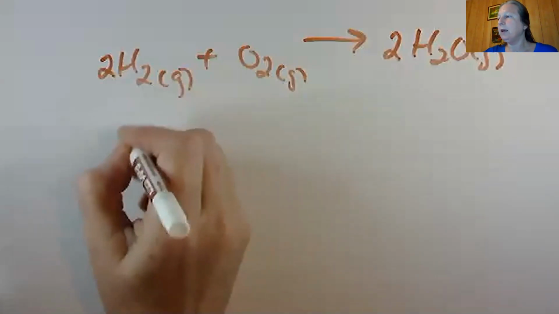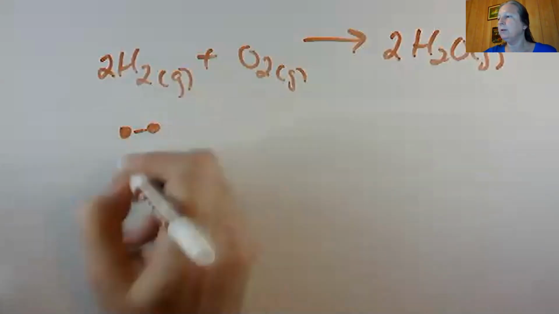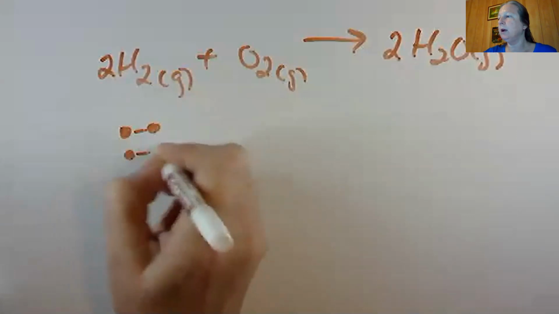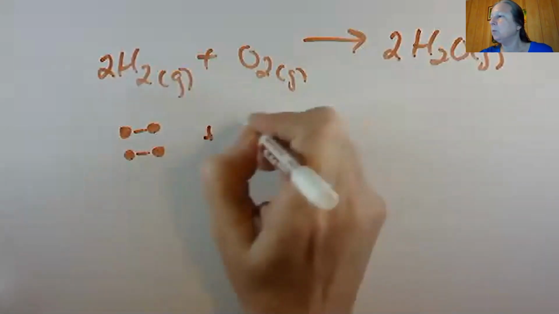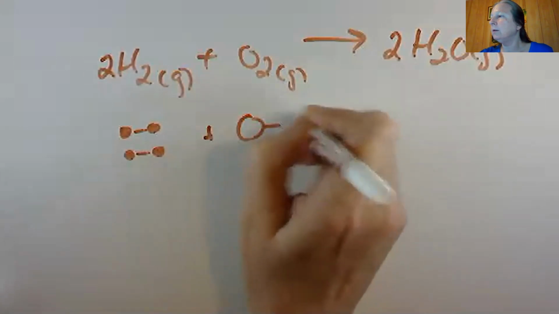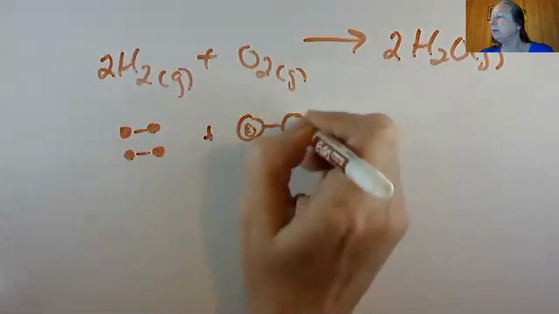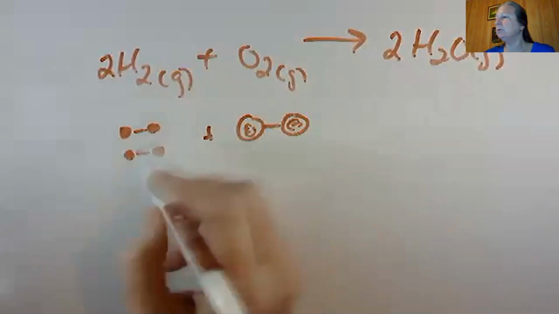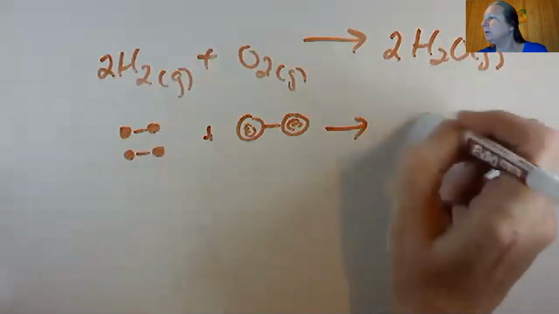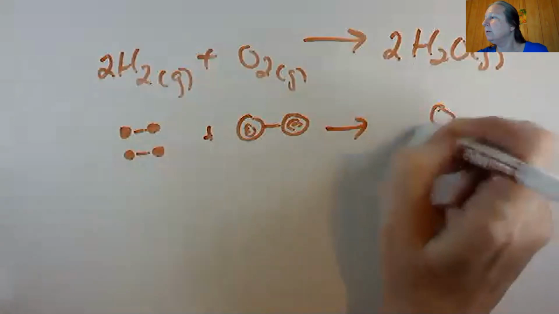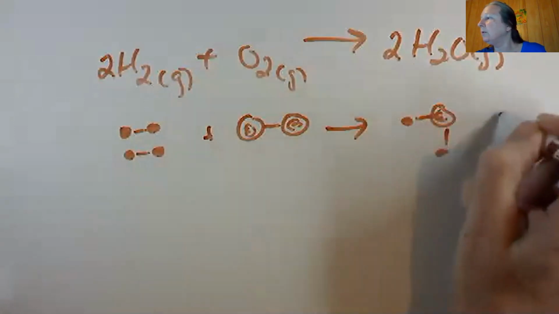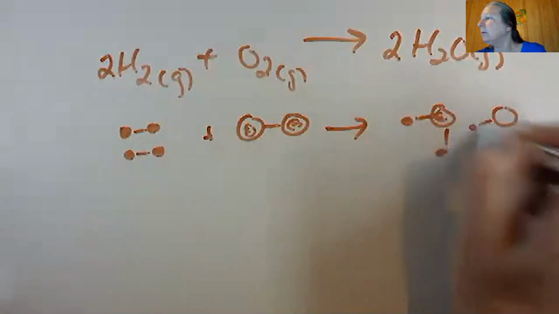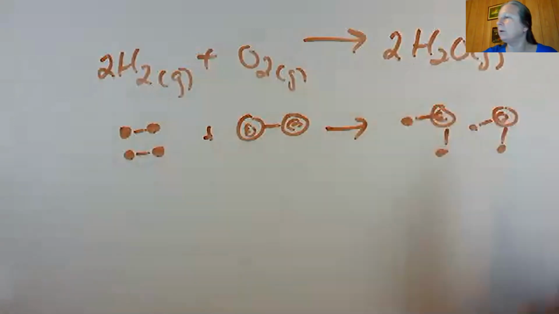So basically I have 2 hydrogen gas molecules here plus 1 oxygen gas molecule yields 2 waters.